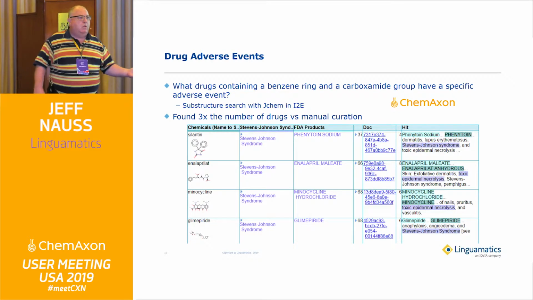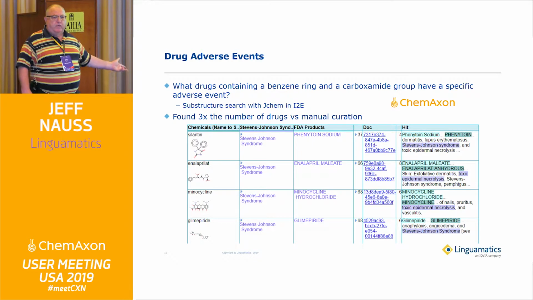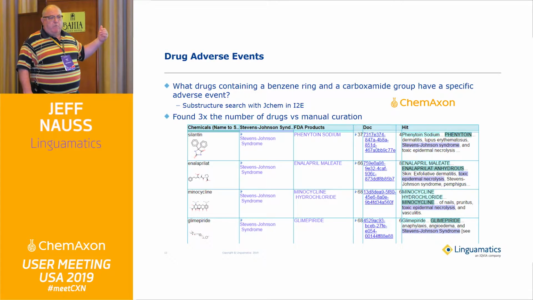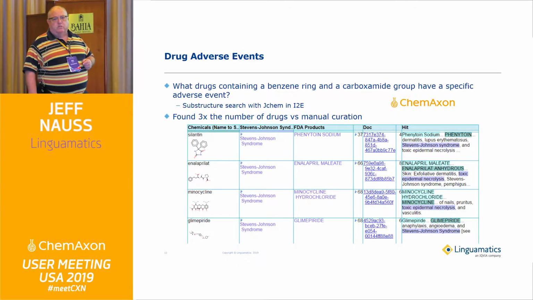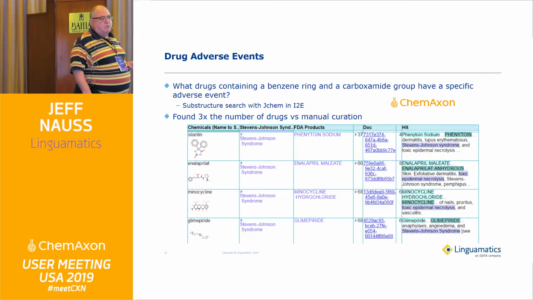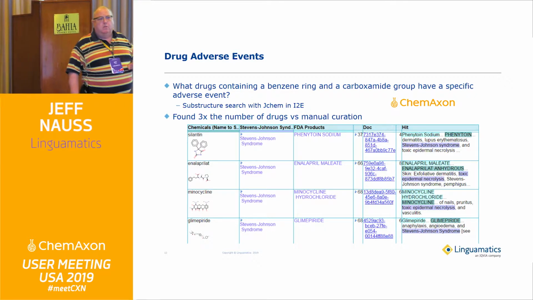And we were able to go through the adverse event reporting database and find 3 times the number of documents that had a specific adverse event, Stevens-Johnson syndrome, 3 times the number that the manual curators at FDA found. So significant improvement there over what the manual inspection of the documents would do.